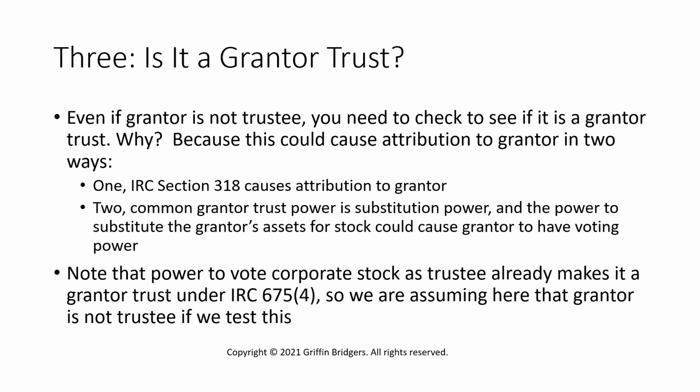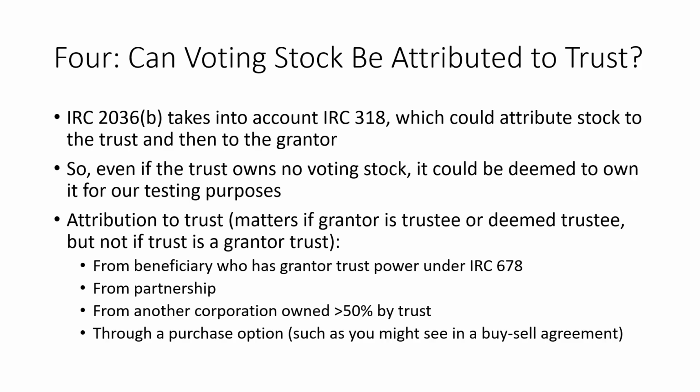So we're assuming that the grantor is not trustee if we test this, but we still have to dig into that piece because that substitution power in and of itself could attribute voting power back to the grantor. So when we're looking at this too, we have to look at the terms of the trust, and oftentimes it's good drafting to say that the substitution power can't be used to reacquire voting stock.